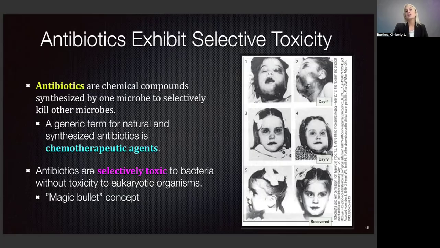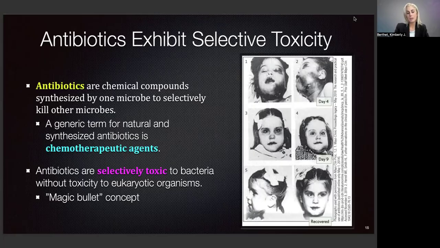Here on the right, we see an image of a child with a bacterial infection. Here we see the wound where the bacterial infection is spreading from the neck to the face. And then we can see the treatment with antibiotics. Before antibiotics emerged, children were dying from bacterial infections continuously. So this was a very, very normal thing to succumb to.